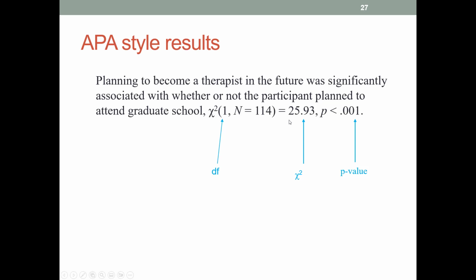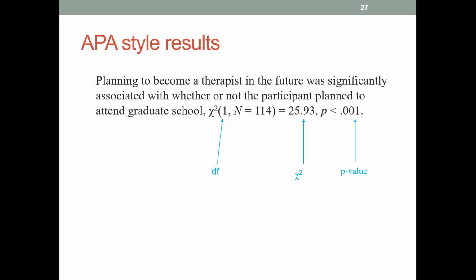Once again, space equals space, your chi-square value, this time I rounded it to the hundredth place, which is pretty commonplace, comma, and then space, italicized lowercase p to indicate p-value, and then space less than space, 0.0001. And so this is how you would write the result of a chi-square test in APA style.